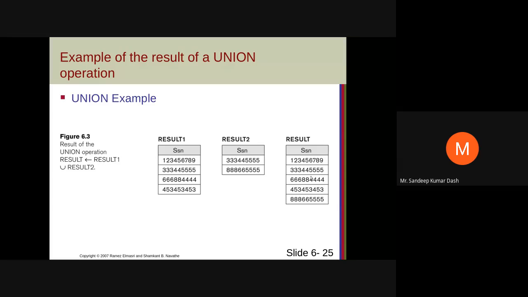Only 5 rows will be available. Fine. So this was an example of union operation, which says that the two relations on which you are applying the union operation should be union compatible. And what do you mean by union compatible? Union compatible means the relations should have the same number of columns with the same domain.